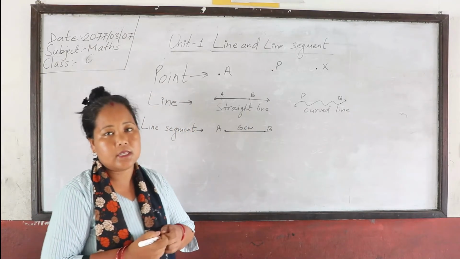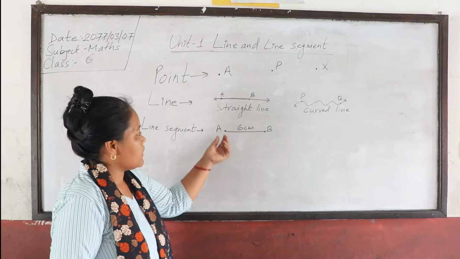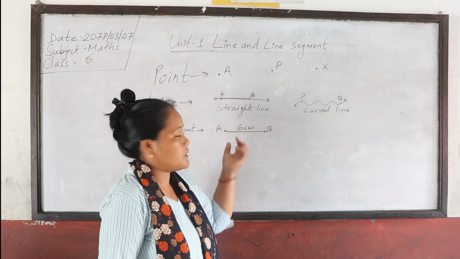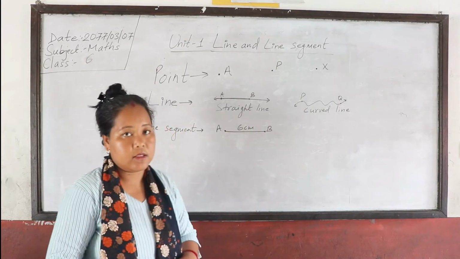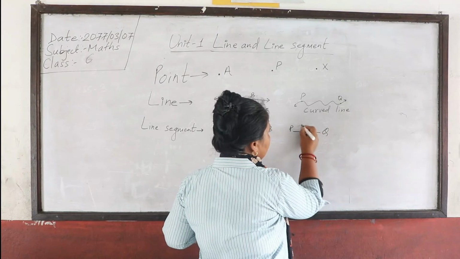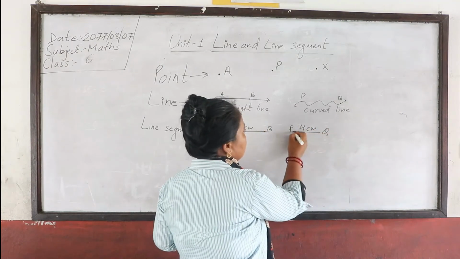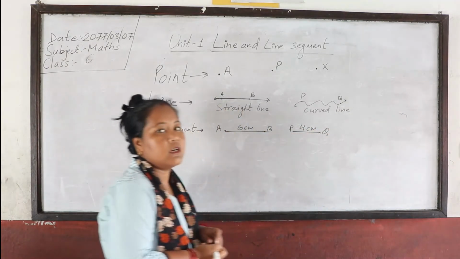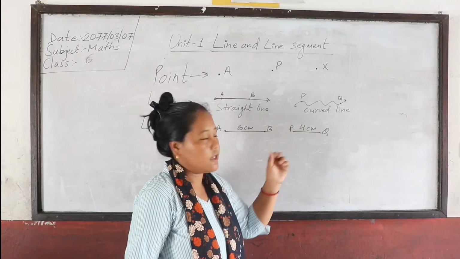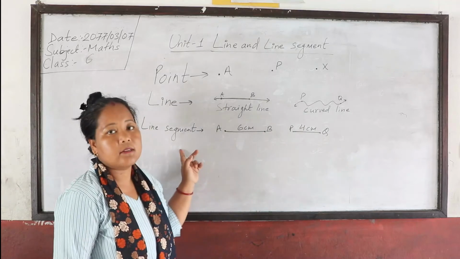Line AB is 6 centimeters, meaning it has a fixed length. PQ is 4 centimeters. This line PQ also has a particular measurement, that is 4 centimeters. They are called line segments.